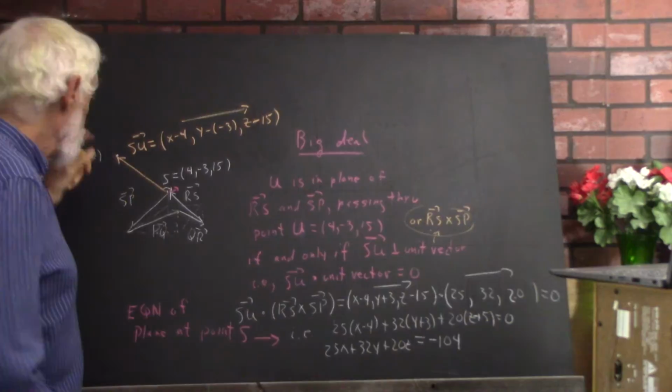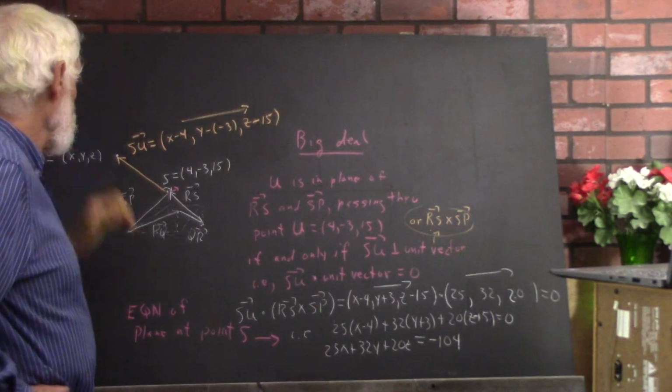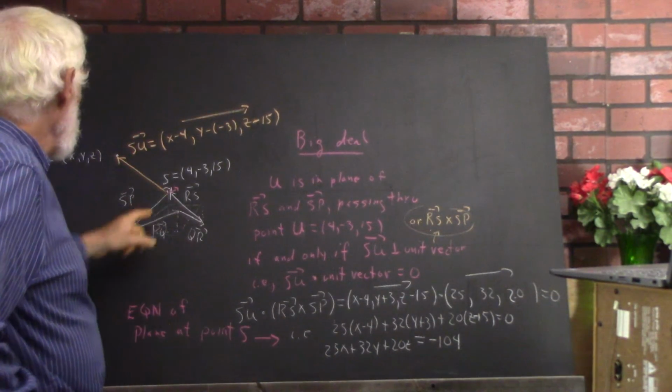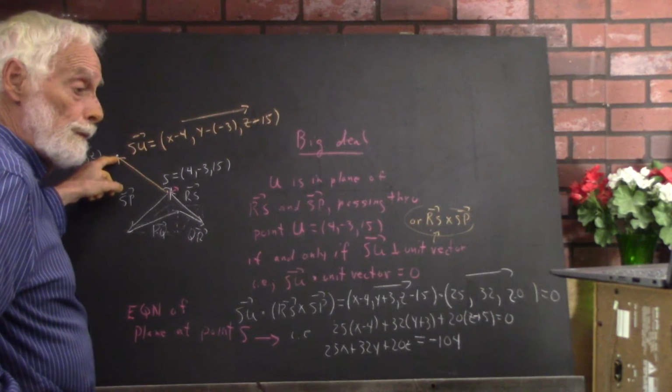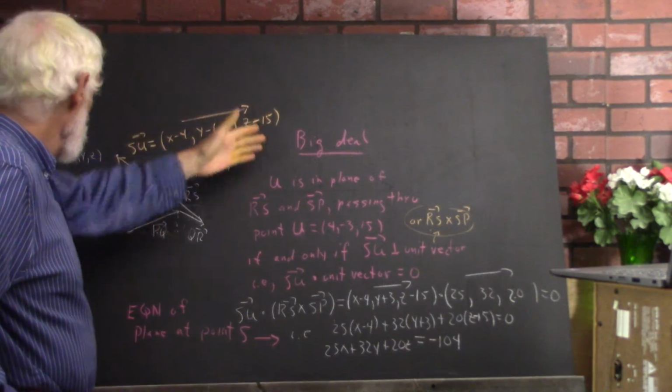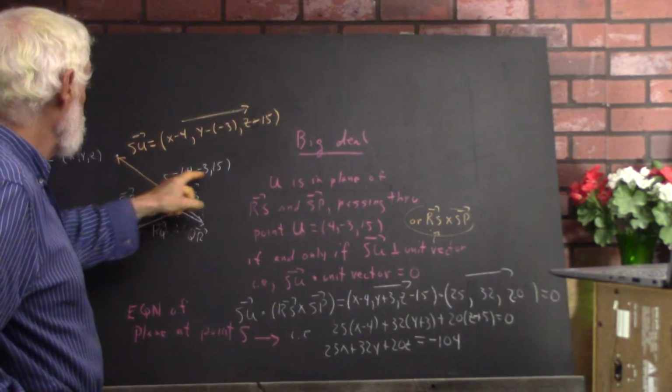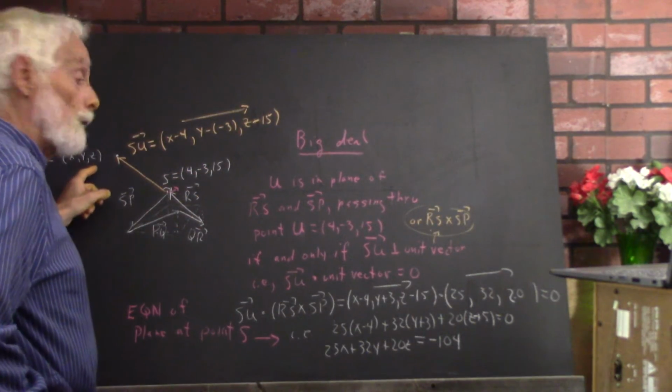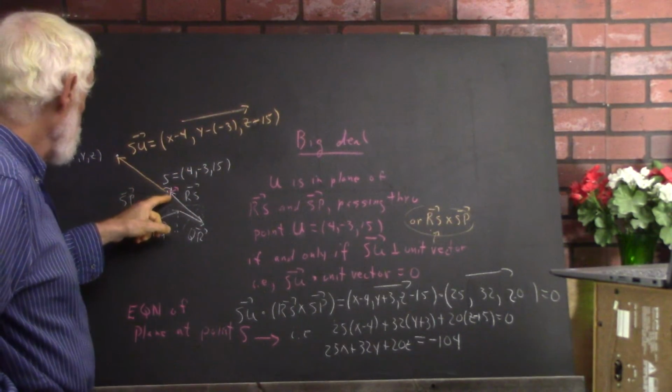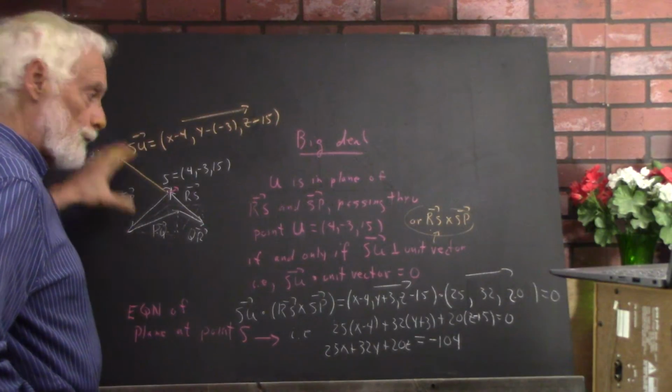So U's out there someplace smiling at us. Then the vector SU, you get the coordinates of this vector just by subtracting the coordinates of S from the coordinates of U, because your initial point is S and your terminal point is U, and you should totally understand that.